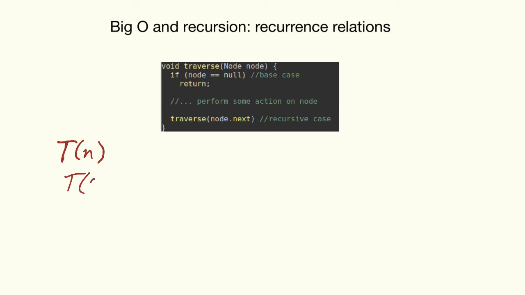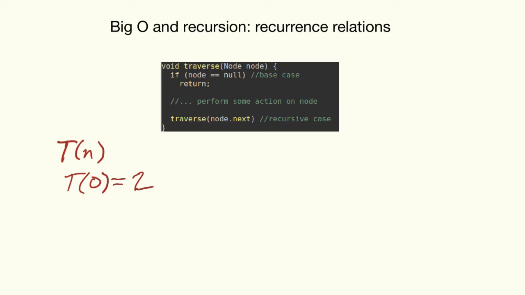If there are no nodes there, then this value is going to be equal to the number of steps, which would be the if test and then the return, so that would be 2. So what we've done here is define a functional base case, a mathematical function base case.